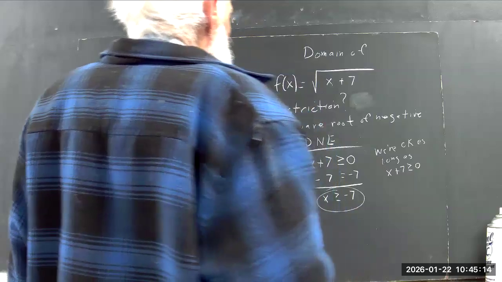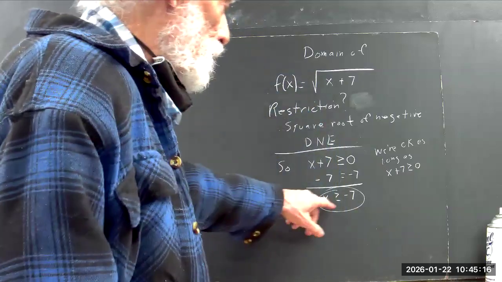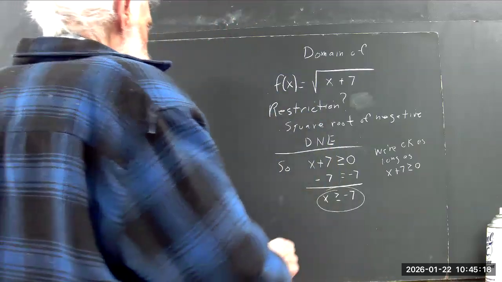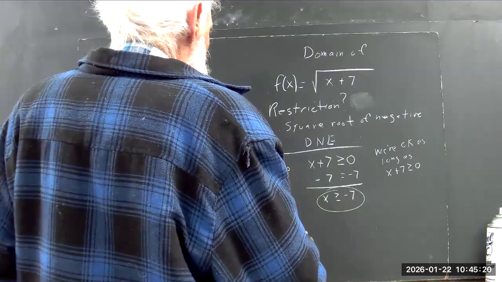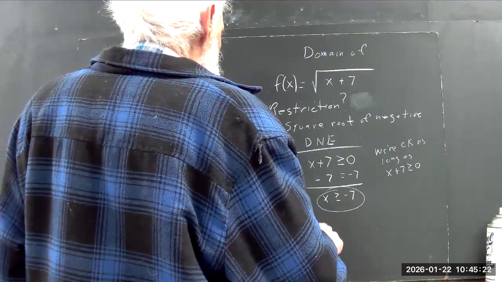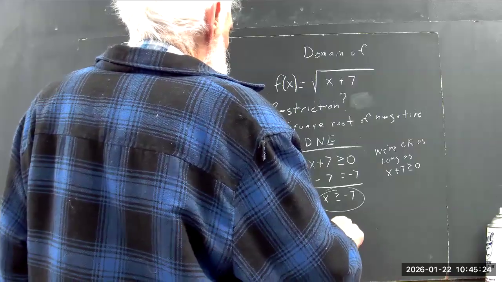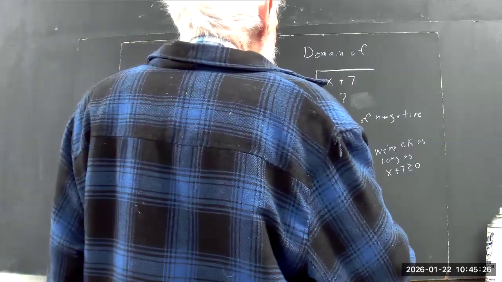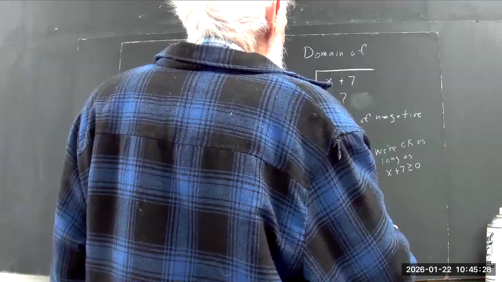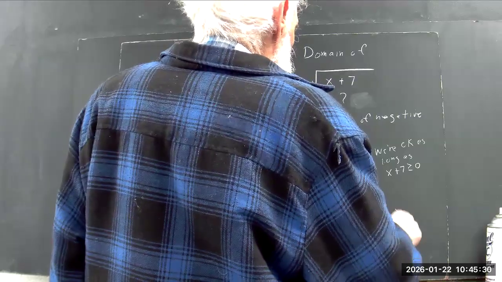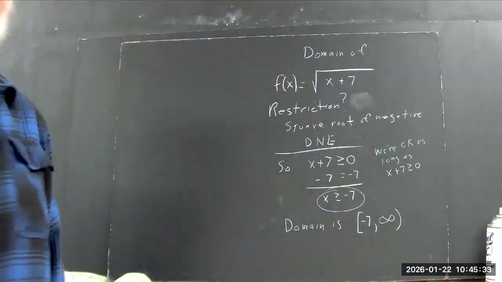So here is our conclusion. X has to be greater than or equal to negative 7. So we write the domain as the interval from negative 7 to infinity.